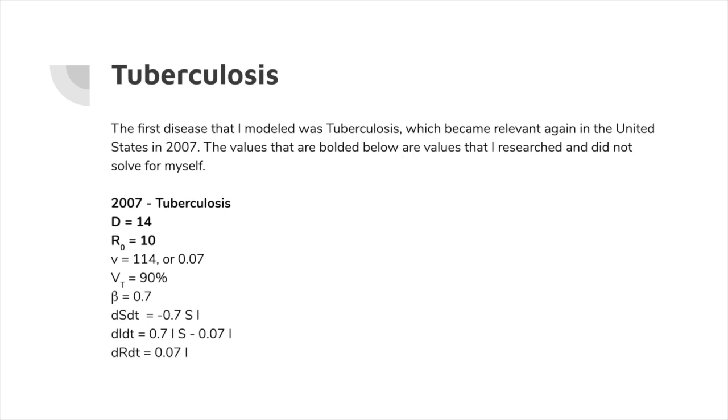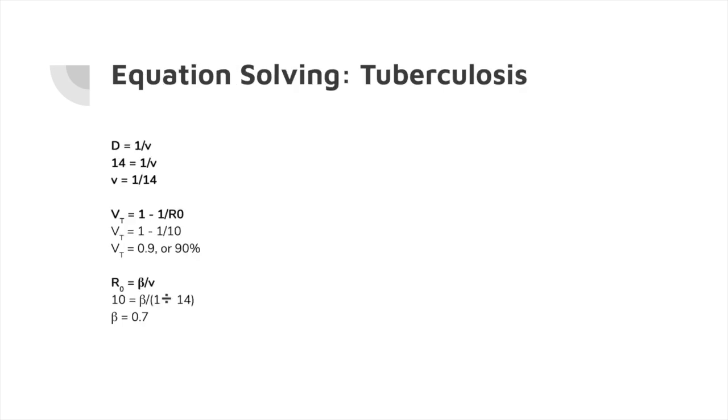So here are all the equations that I used to solve for those values that I just said in tuberculosis. Using D, which is 14, I got V, which is 1 over 14, and I used R of O to get V of t, which is 90%, and then I used R of O and V to get beta, which is 0.7.